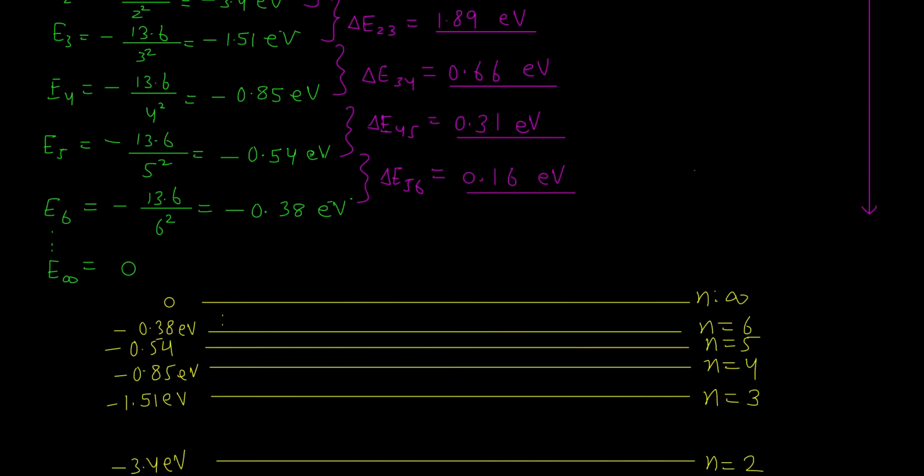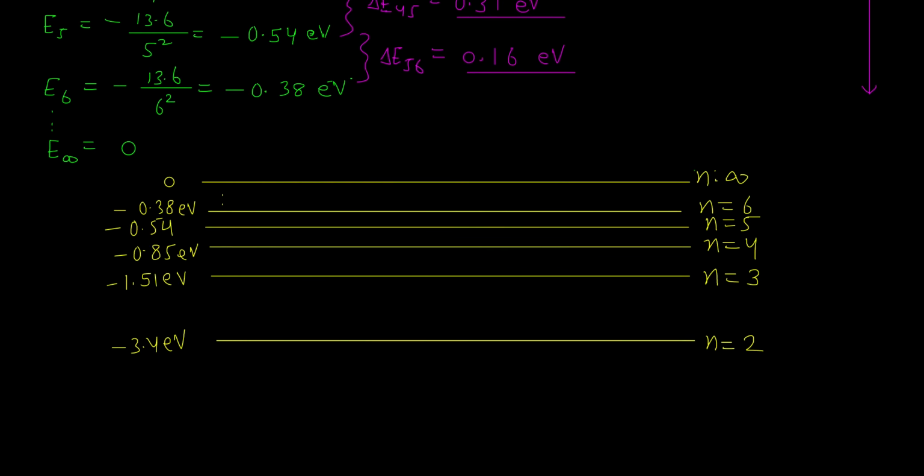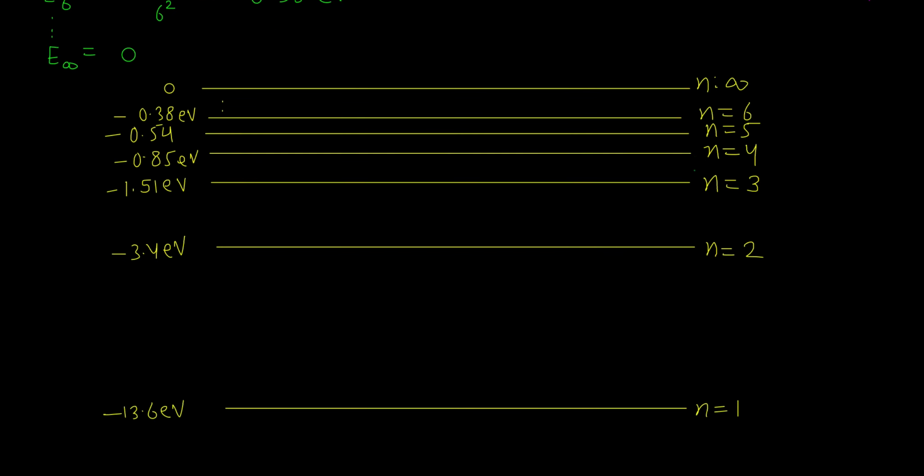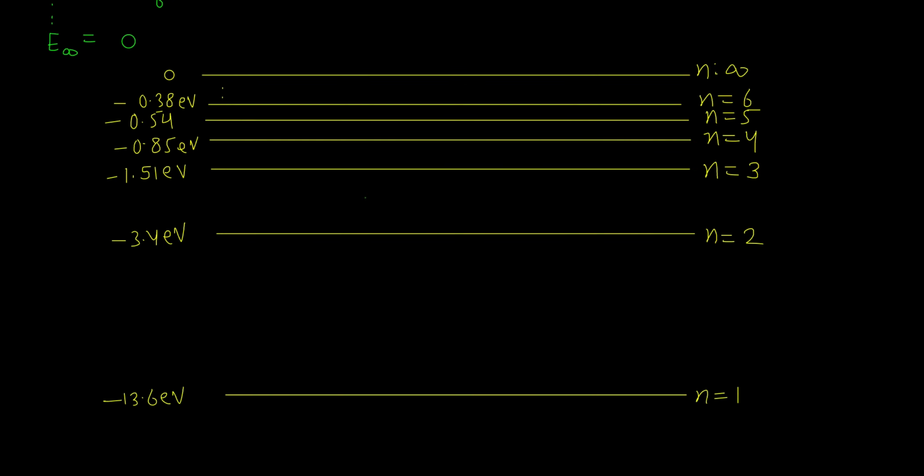Let's see how many transitions are possible for a particular energy level transition here. Suppose we have an electron which is coming down up to the n equal to 1 level, meaning the electron is returning back to n equal to 1, which is also known as the ground level. So the electron can come back to n equal to 1 from any of the higher orbit levels.